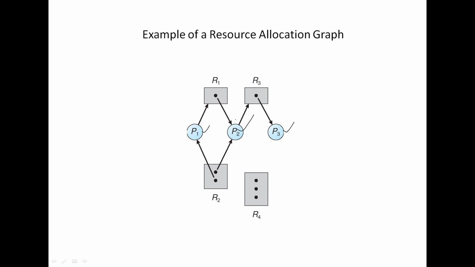So R1 is allocated to P2, and P2 is requesting R3, and R3 is allocated to P3. Here one instance of R2 is allocated to P1 and one instance of R2 is allocated to P2. This is an example of the resource allocation graph.